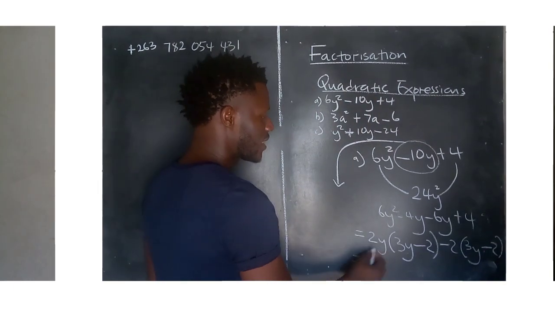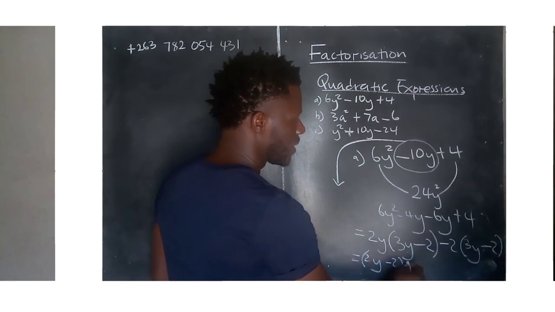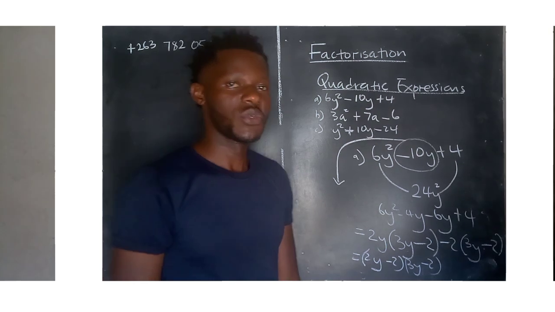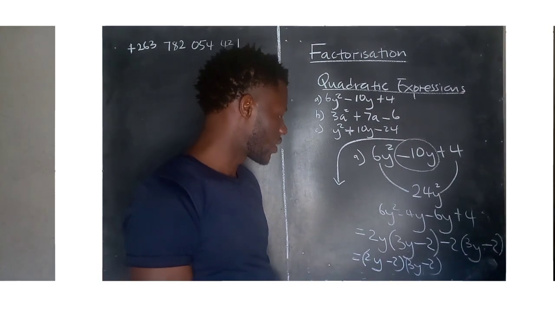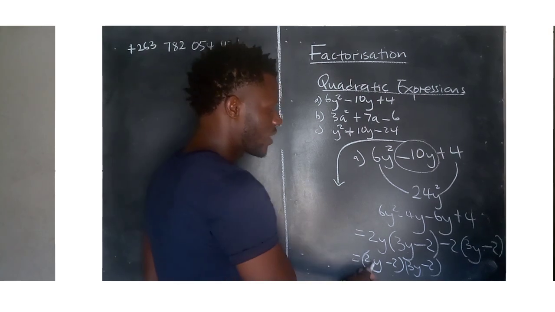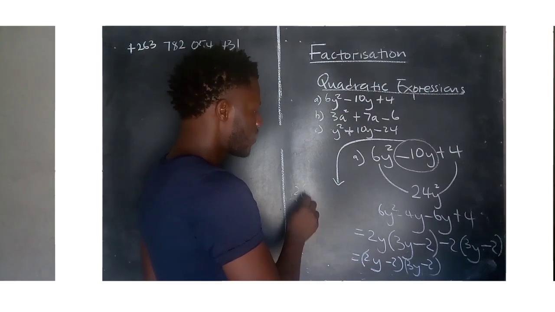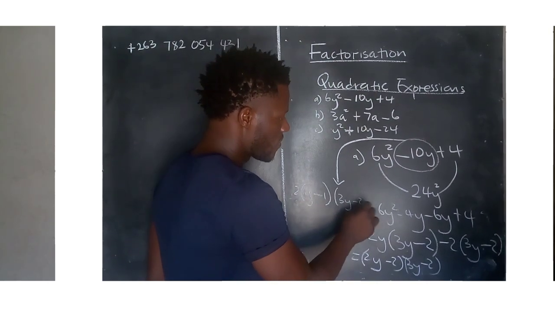Finally, the terms outside the brackets: 2y and minus 2, then 3y and minus 2. Normally that's what we do, except in this situation, in this bracket there is also a common factor 2, so there was a need to factorize further. That is, 2 is common, you get y minus 1, then the other bracket 3y minus 2.